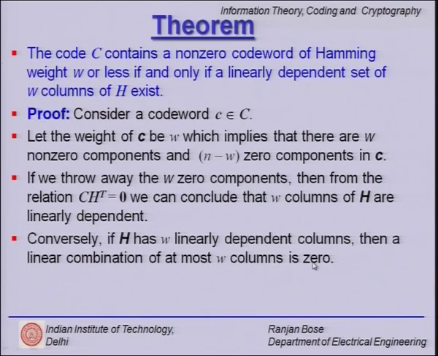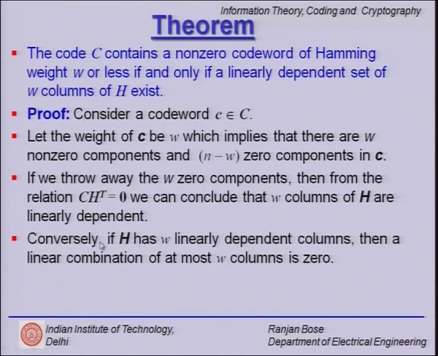a linear combination of at most W columns is 0. What is the practical use of this observation? Well, W has a very interesting connotation. The minimum W is called the minimum weight of the code, which is equal to the minimum distance of the code. W star is equal to D star.